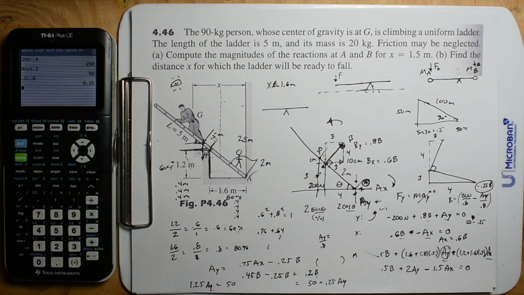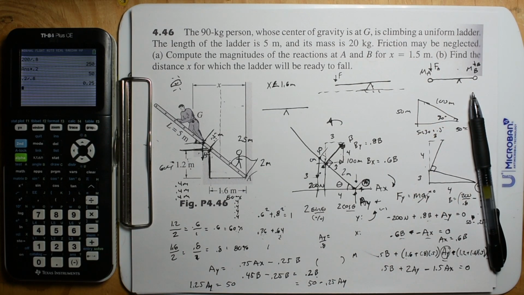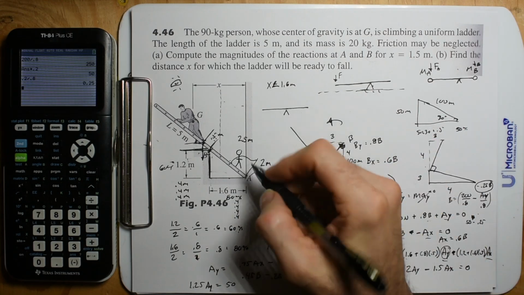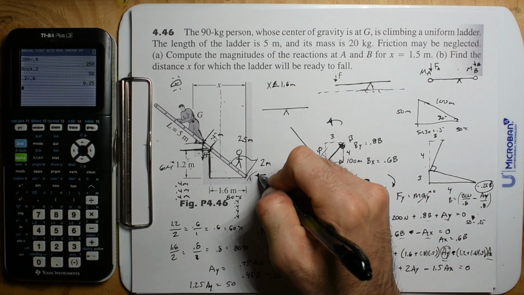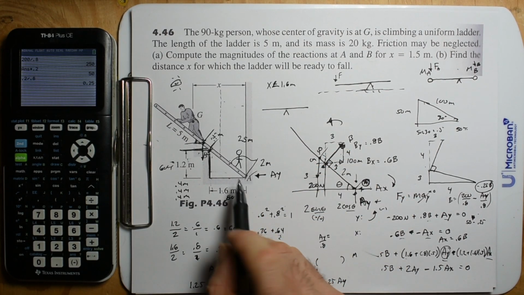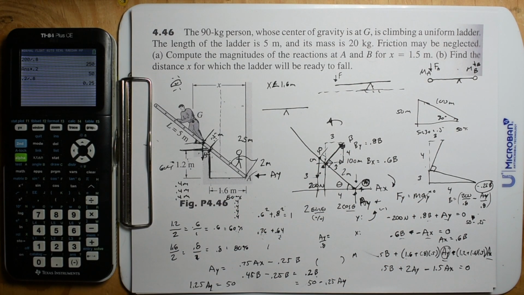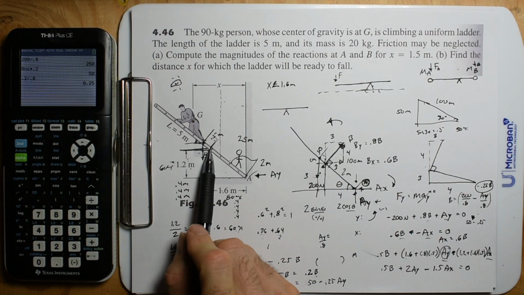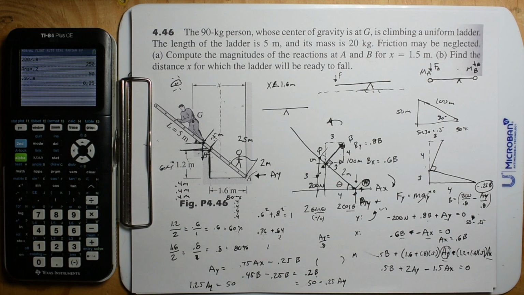All right, so my conclusion, this is interesting. It's because you have a reaction here that's helping. So this isn't like a teeter-totter. That fascinates me. And that probably makes sense.